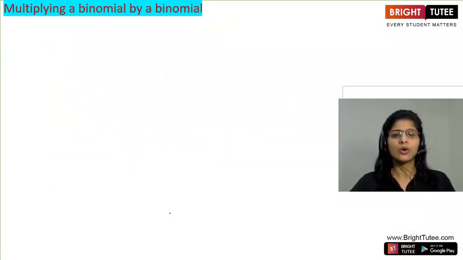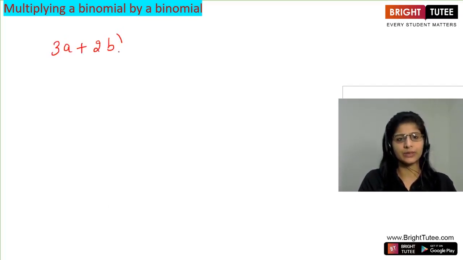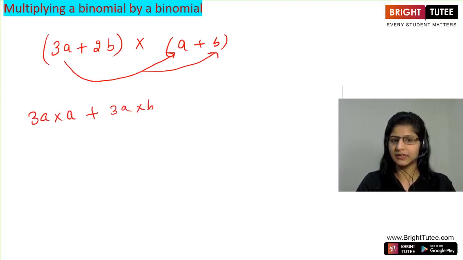Now let us take one more example. Suppose you have to multiply 3a plus 2b with a plus b. First of all, 3a will get multiplied with a and then with b. So 3a gets multiplied with a, plus 3a gets multiplied with b.